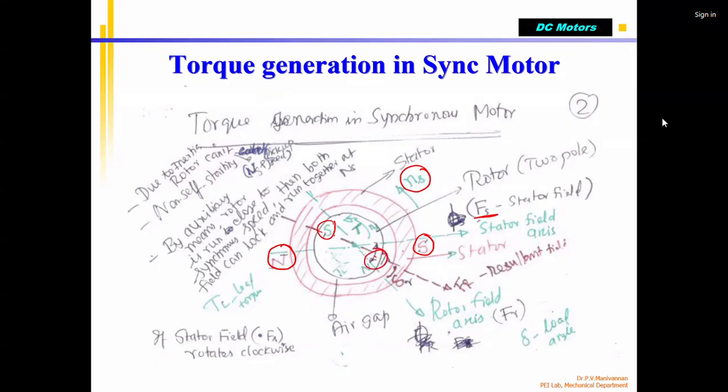And the axis is given like this. This is the stator axis, this is the resultant field of the stator. This is the rotor. Since two magnetic fields are acting with some angle, it is mentioned as alpha. This angle between the stator magnetic field and the rotor magnetic field is called alpha.